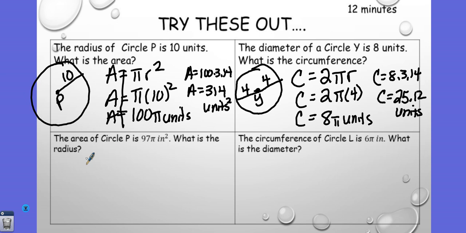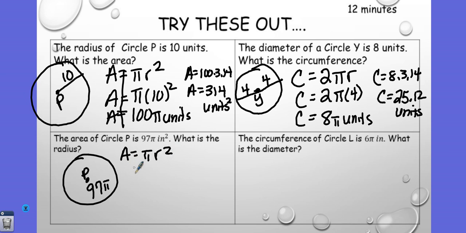Okay, the area of circle P, this is circle P, is 97 pi. So the inside of this is 97 pi. What's the radius? So area equals pi r squared. This is 97 pi r squared. So we're going to move the pi r squared to the left side because the variable's on the left side since the radius is what we're looking for. And I'm going to move the 97 pi to the other side.